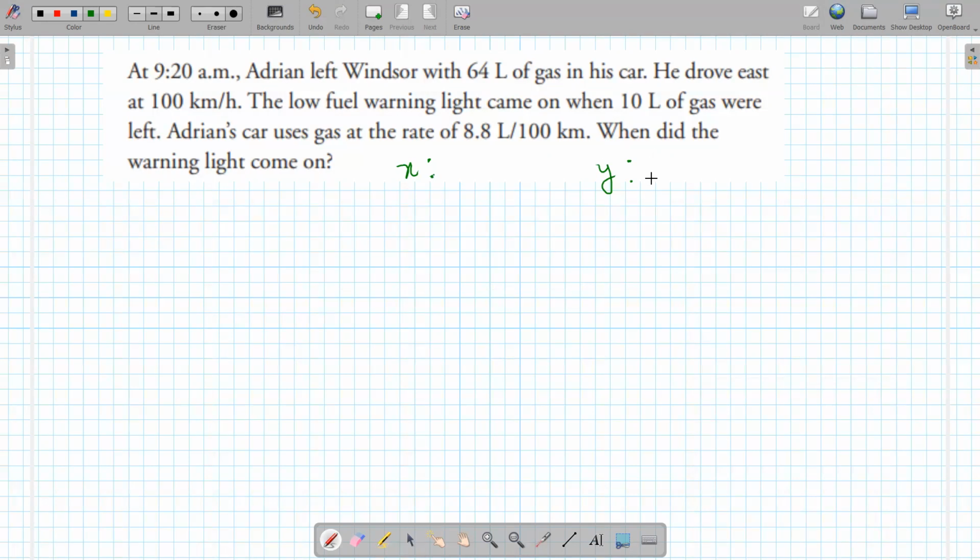Y is the amount of fuel left. Okay, is X hours?